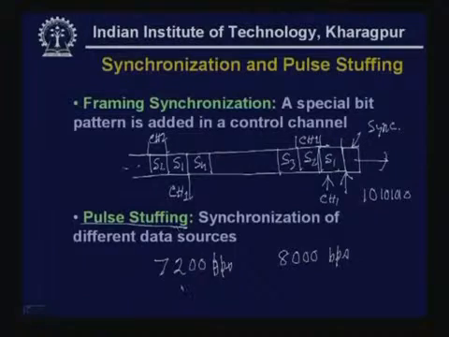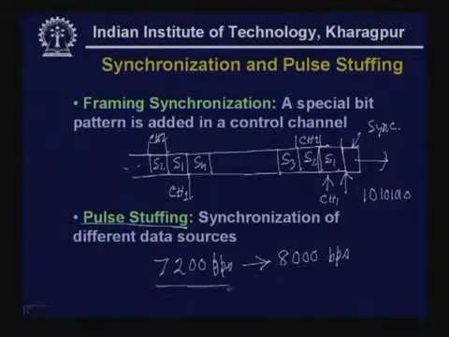In such a case, a technique known as pulse stuffing is used, so that synchronization of different data rates is possible. Some dummy bits are inserted to generate a data rate of 8000 bits per second. Then they are sent, and at the receiving end the additional bits which are received are separated out to get back the original data, which has the data rate of 7200 bits per second. This is how pulse stuffing is done. Later on we shall take up an example to discuss it.